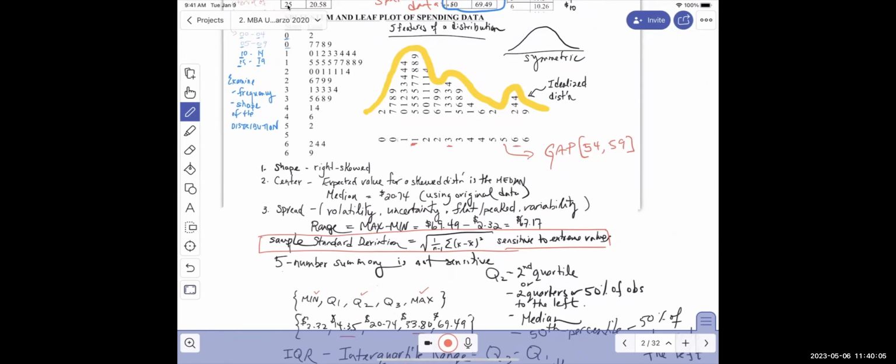So the first one is from 15 to 19. The next one is from 30 to 34. And the last one is from 60 to 64.